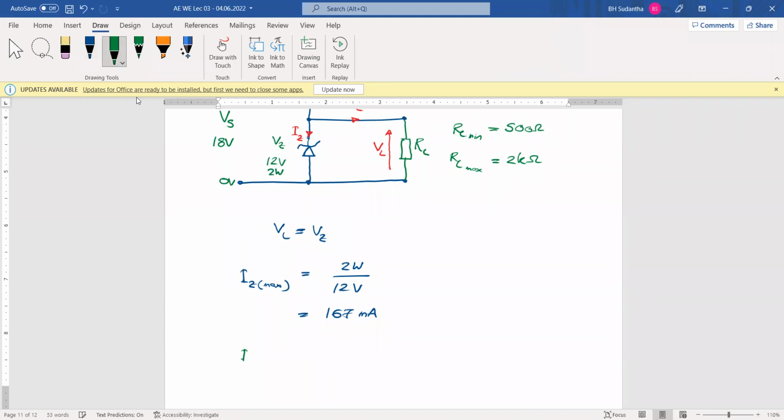When RL is 2 kilo ohm, then IL is 12 volts divided by 2 kilo ohm, which is 6 milliamperes.